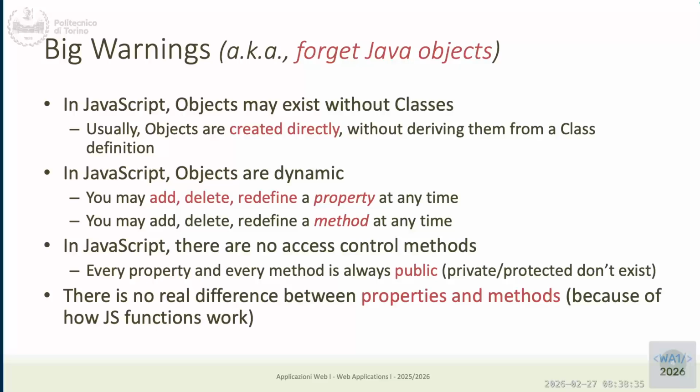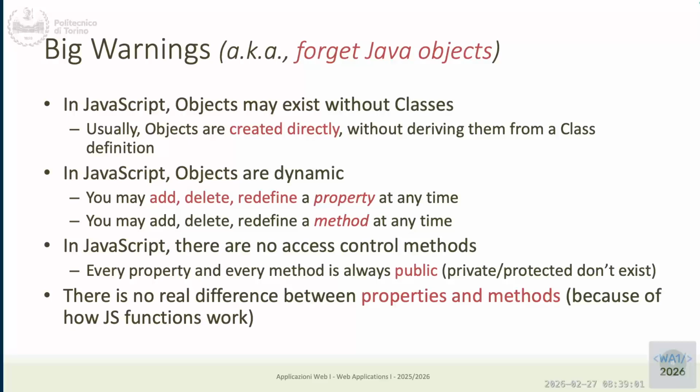There is no fixed structure, like an object created with name, surname, and birth date, where all objects of this type must have the same attributes and cannot be modified. That's not true in JavaScript. Objects are always dynamic, so they are very, very flexible from that point of view. There is literally no notion of encapsulation or privacy in JavaScript.